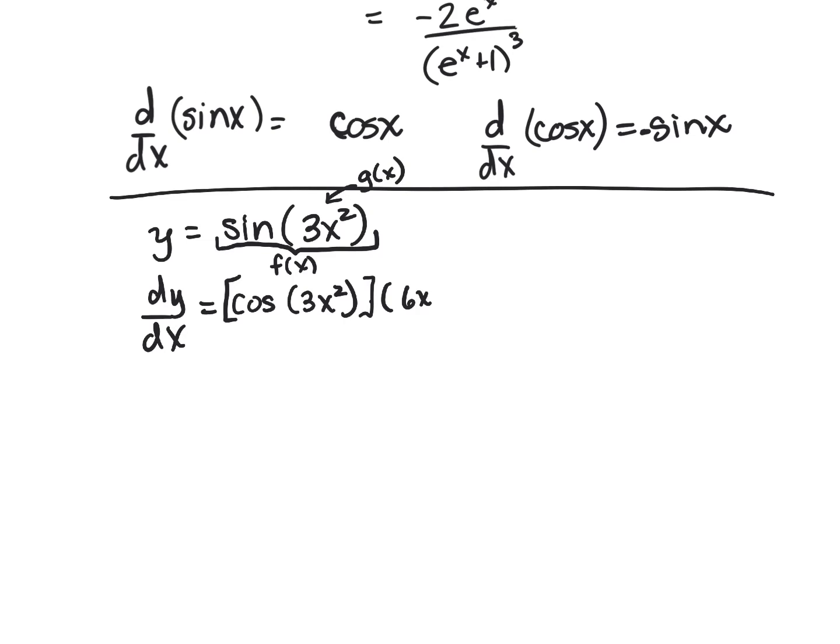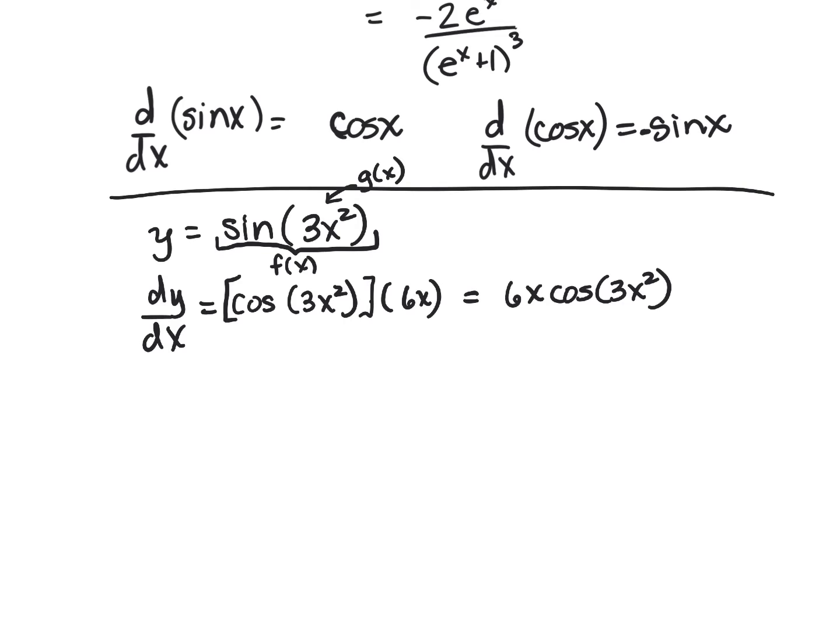Notice I put the cosine part in brackets because 6x does not get multiplied into 3x squared. The way you write this would be 6x cosine 3x squared, because it's a completely separate chunk.